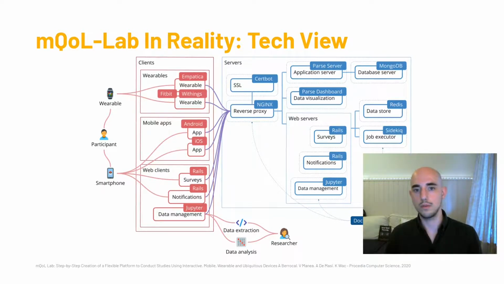After that you have other devices like the Empatica, which are more professional grade, but they're not as ubiquitous as the Fitbit and the Withings. Of course, we put a lot of emphasis on security, so protection of the data and protection of the study participants. Later we also have everything related to data management, to the fact that our platform can be taken from Geneva and put in Stanford to run a study.